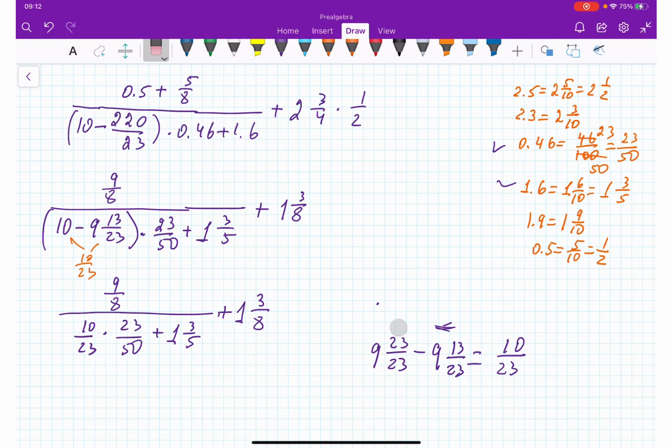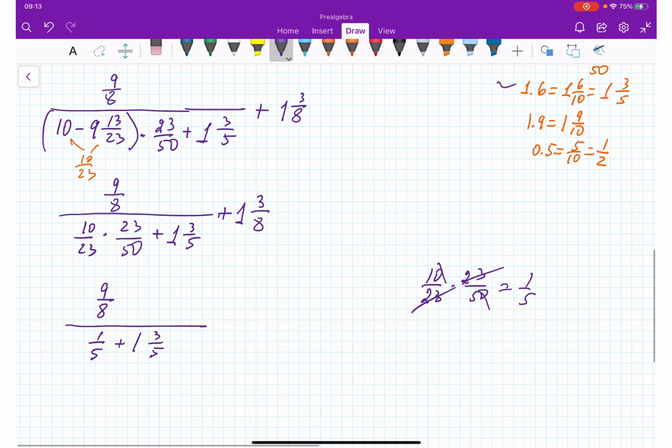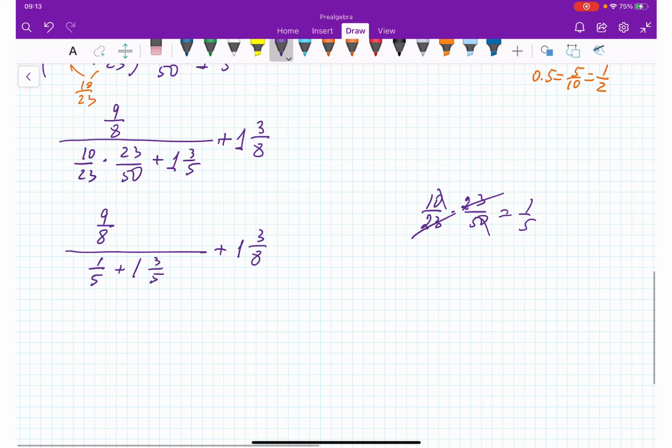All right. So what are we getting? We are getting 9 over 8, then 10 over 23 times 23 over 50. This is gone. This 0 is gone. This 0 is gone. 1/5. We are getting 1/5 plus 1 and 3/5 and plus 1.38. Okay, next.